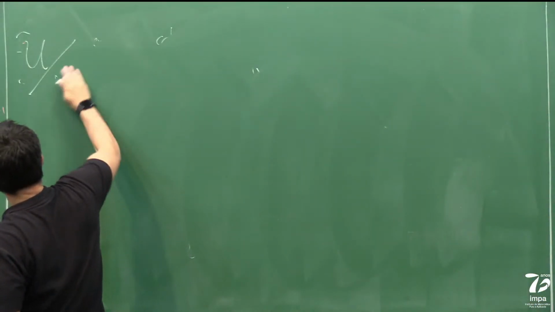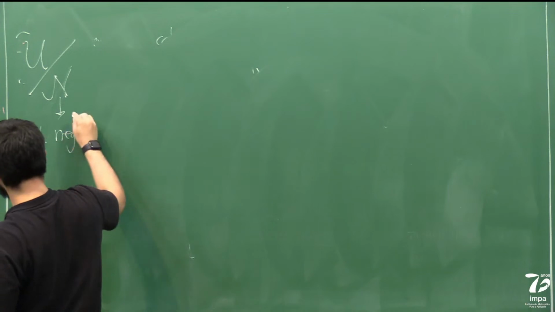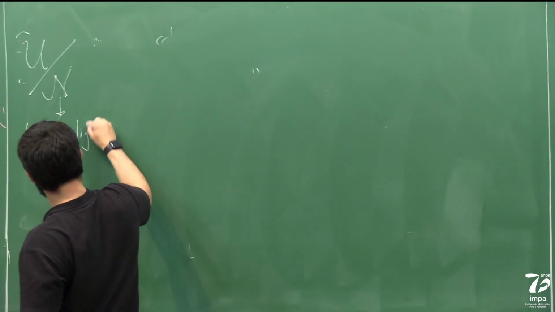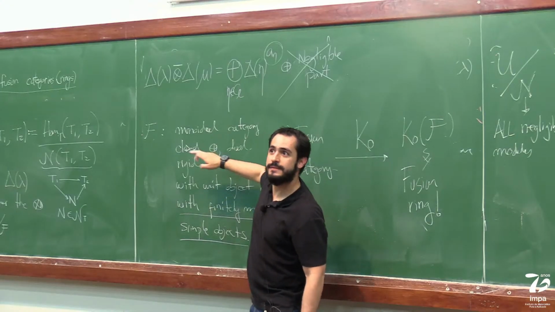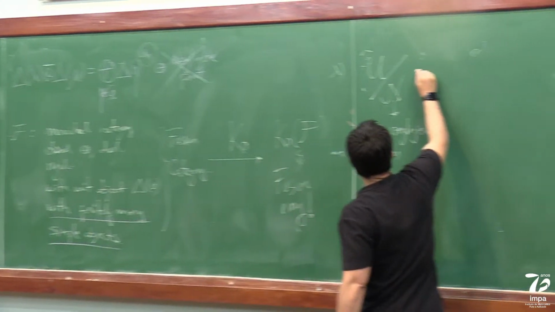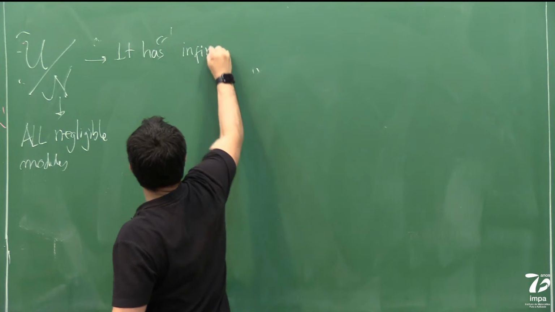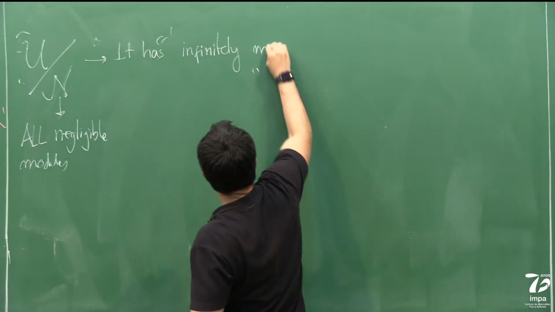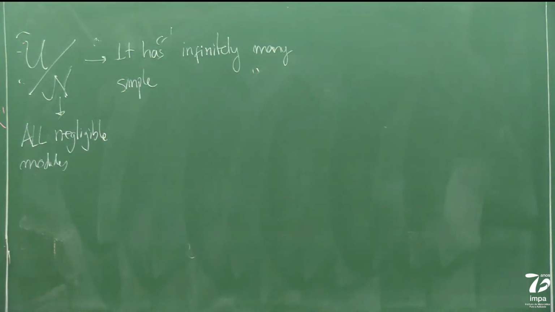But for N, let's call it this N, all negligible modules, not just the tilting ones but all negligible modules, in this category you have tensor, you have direct sums, you have these properties, but usually it has infinitely many simple objects. All the indecomposable modules with quantum dimension different from 0 become a simple object in this category. So this is not usually a fusion category.